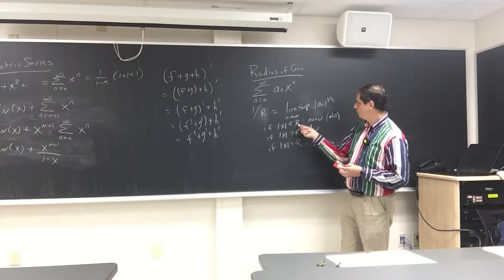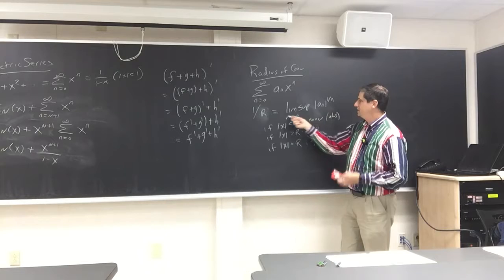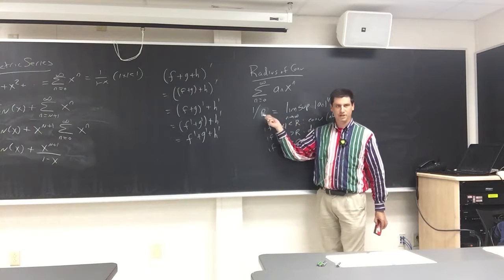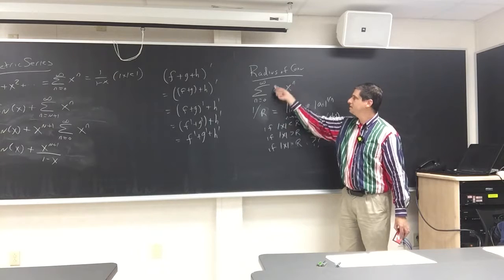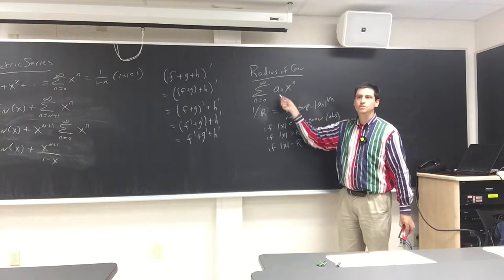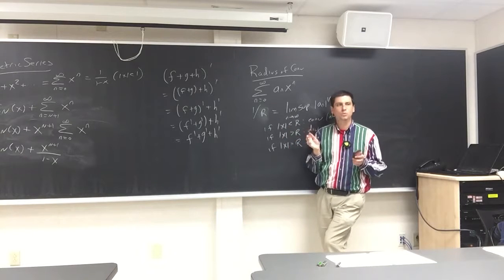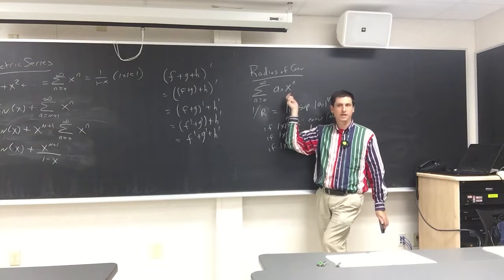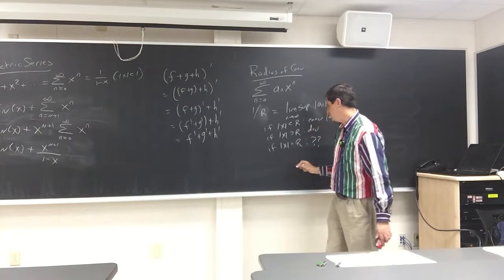If you think about what's going on here, let's say the lim sup of |a_n| to the 1 over n is equal to 1 over r. If I take x to be a little bit smaller than r, then this quantity over here is going to be bounded by something a little bit less than 1, to the nth power. And then you can win by the comparison test. So that's what's really going on in the background.